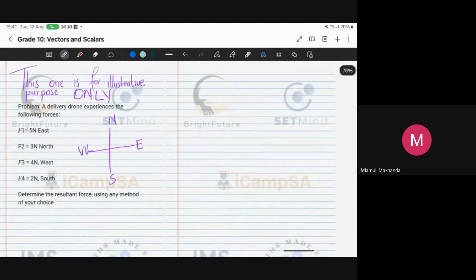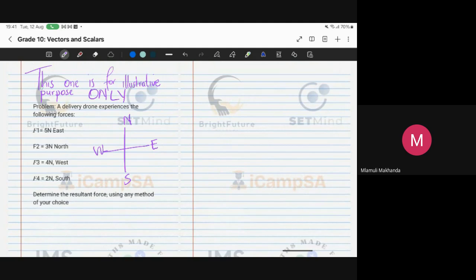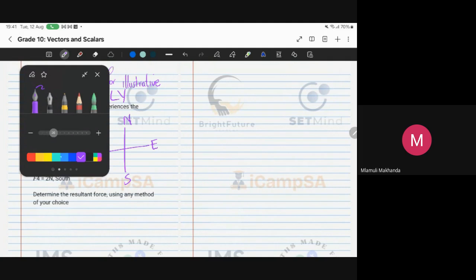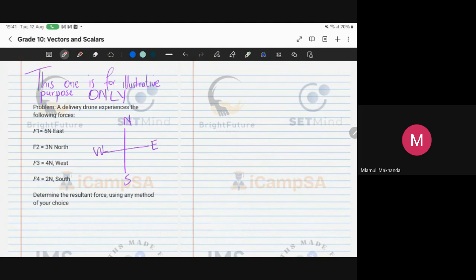Right. Now, so we have that, right? Let's draw our vectors. We don't have to differentiate them, but it's fine. F1 goes 5 newtons east. You would obviously measure 5 centimeters if you choose a scale.